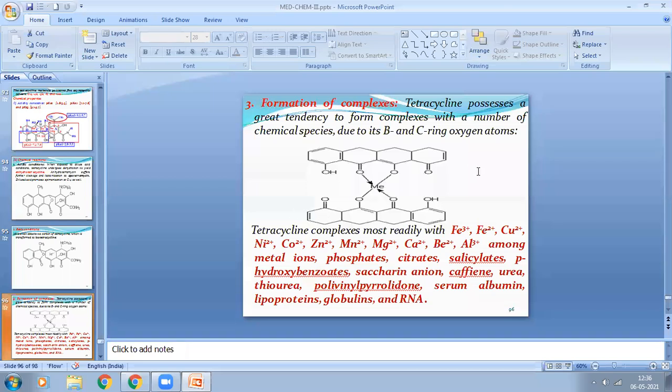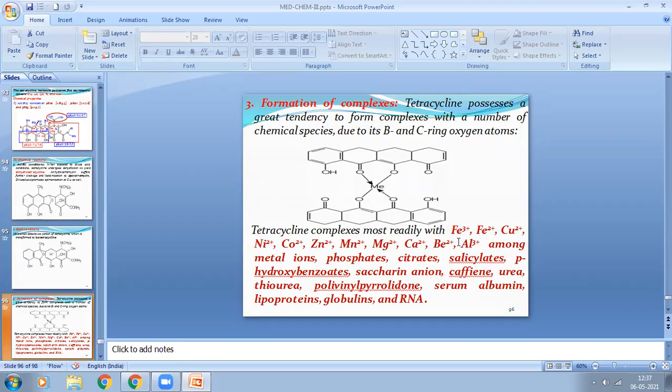See here, what are the chemical species to form the complex? Tetracycline complexes most readily with iron, either ferric or ferrous, cuprous, nickel, cobalt, zinc, manganese, magnesium, calcium, beryllium, aluminium. These all are the metals that can form a complex with the tetracycline.